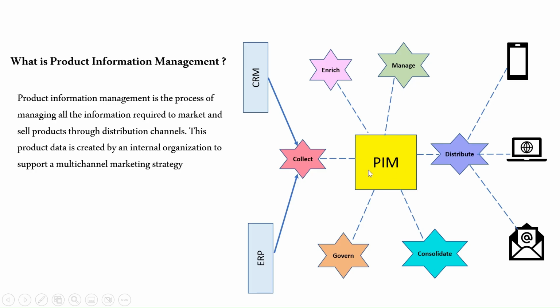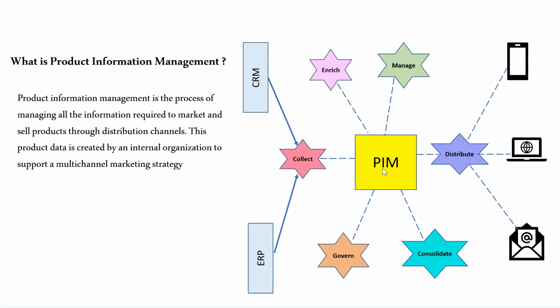Enriching the data means whatever features we want to add to that product, whatever images we want to add to that product, everything is handled in the PIM. Then it manages the data. In manage, in any e-commerce website for any product, we can see the hierarchy is present.